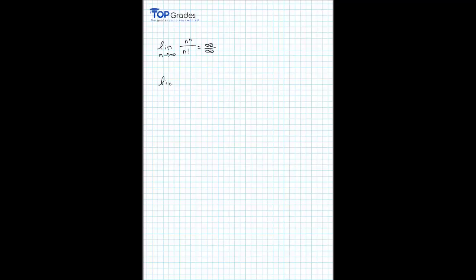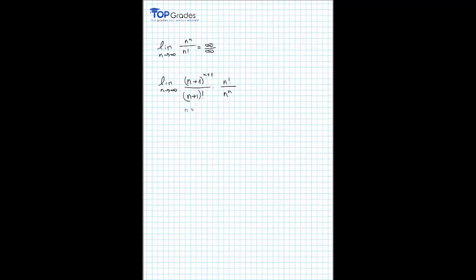We calculate the limit of n goes to infinity of n plus 1 in the power of n plus 1 divided by n plus 1 factorial, multiplied by the opposite, factorial of n divided by n in the power of n.